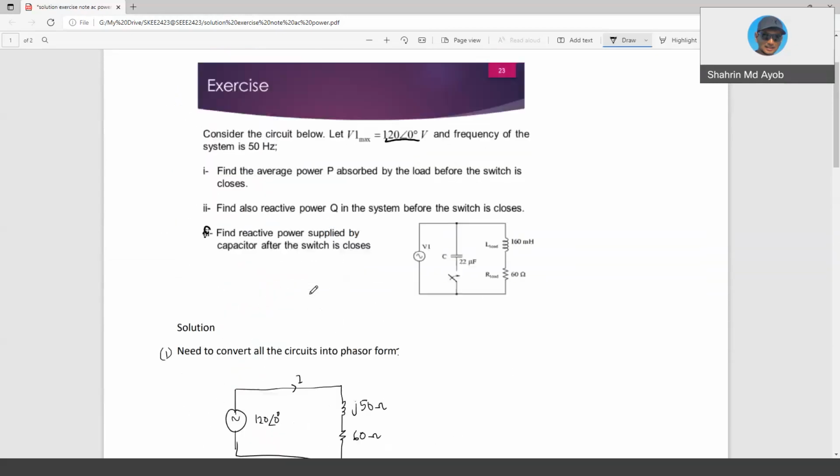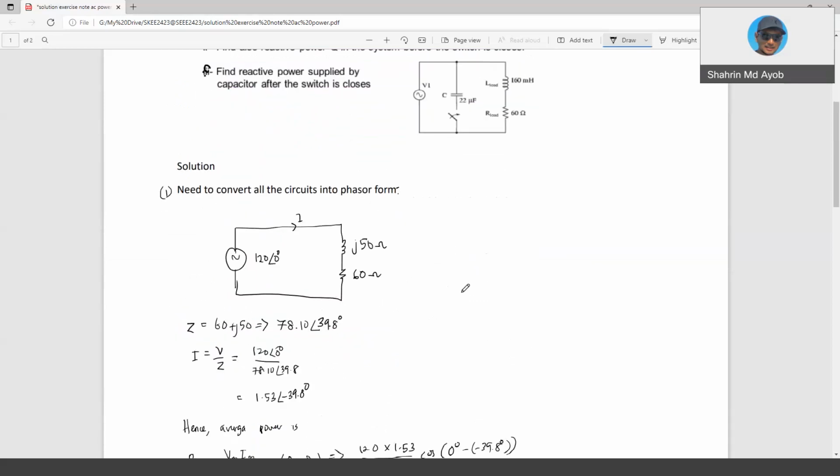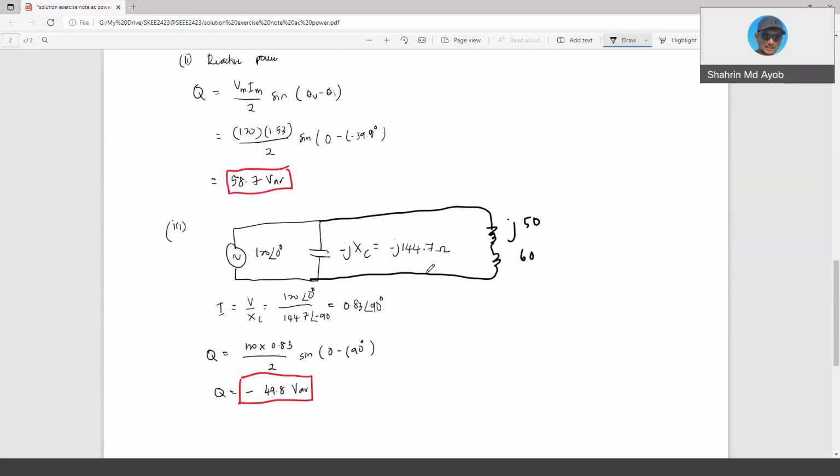The last one is confusing, but it is actually very straightforward. Find the reactive power supplied by the capacitor after the switch is closed. When the switch is closed, the circuit has changed. We have a capacitor in parallel with the inductive load, 60 plus J50.